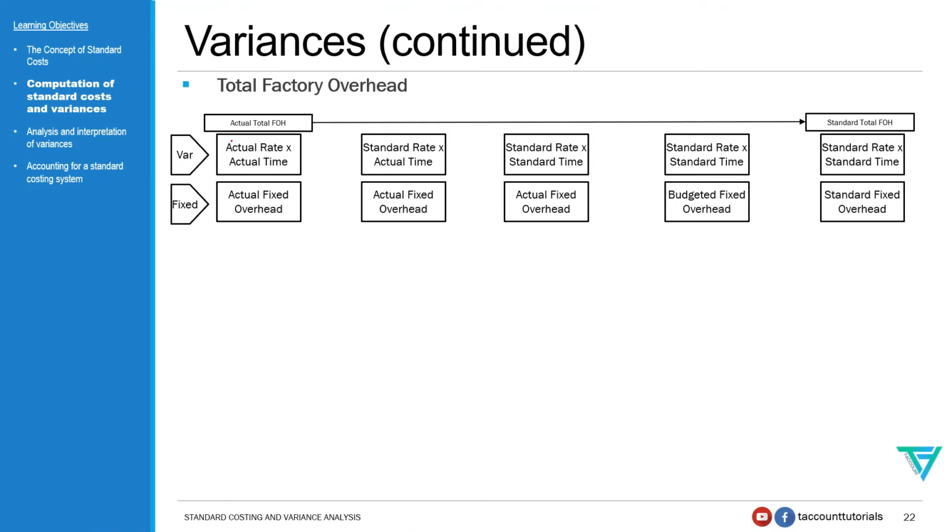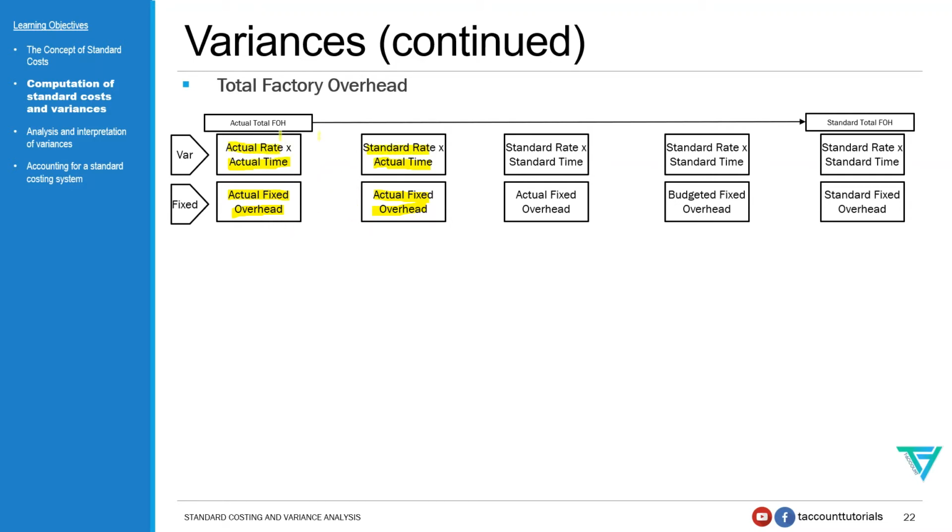So again, similar to the analysis before, we would be trying to go from left to right in our analysis, right? Now, if we proceed to the next step of the analysis, if you could notice here, the fixed actual overhead stays the same in these first two total amounts. And then if we try to analyze the variable, again similarly, the actual time stays the same, whereas the actual rate and standard rate differ.